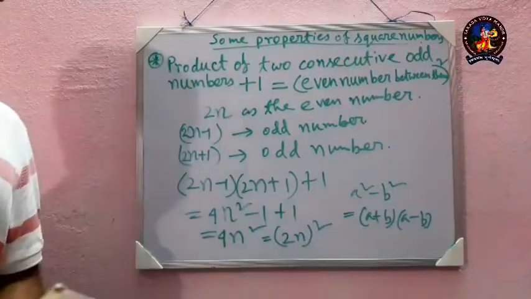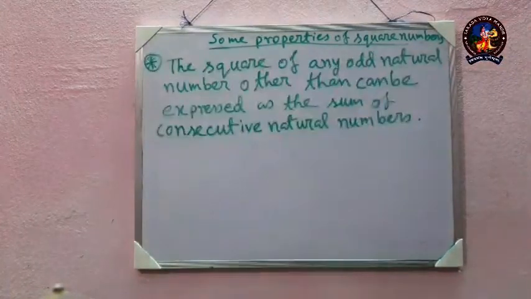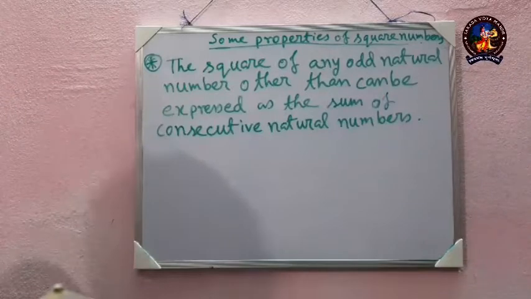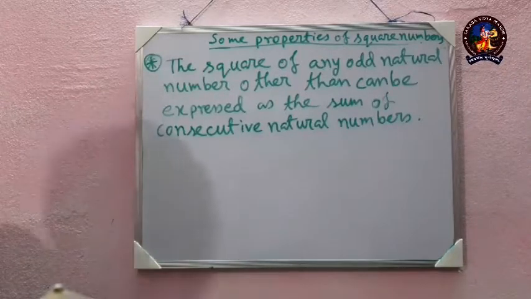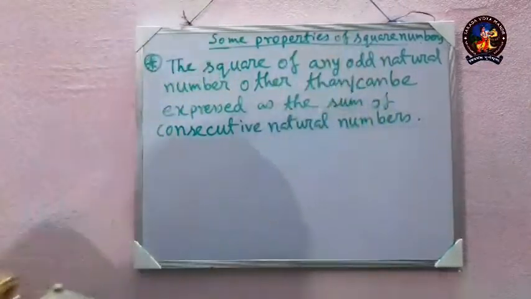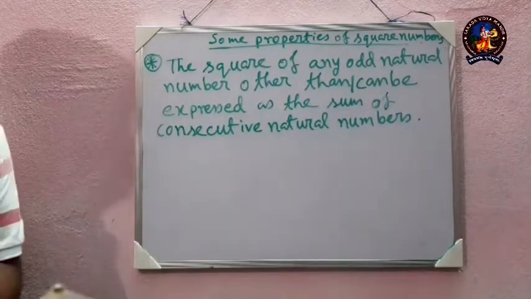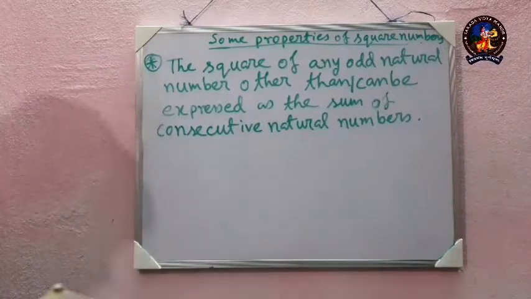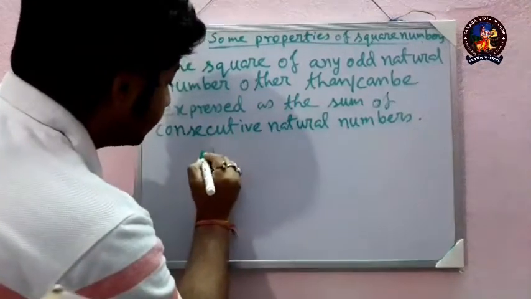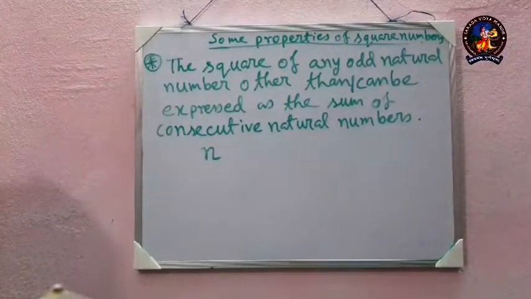Let's move to the next pattern. The square of any odd natural number other than 1 can be expressed as the sum of consecutive natural numbers. Now, suppose I am taking n as any odd natural number, okay?